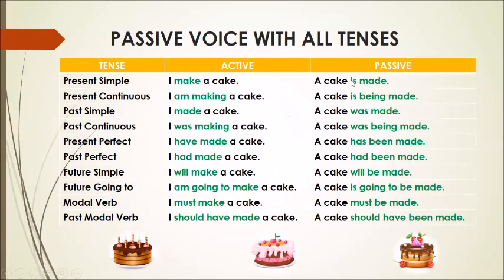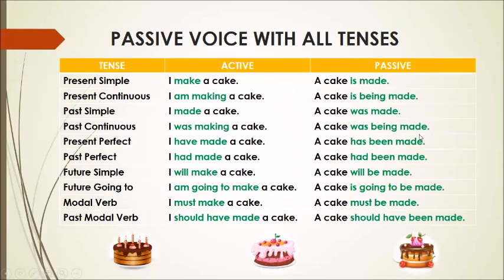Present, the verb to be in present with the past participle. Present continuous. A cake is being made. Is being shows us the tense. Present continuous refers to the verb to be in that tense. Then the past participle, made.